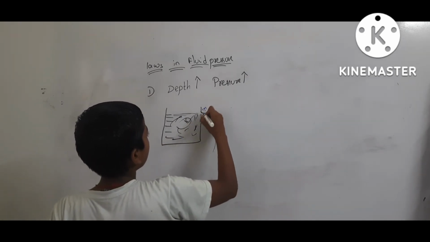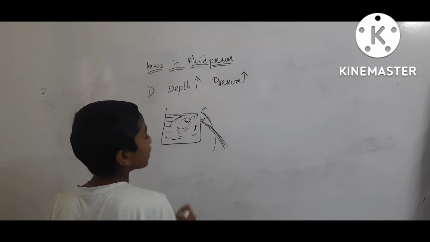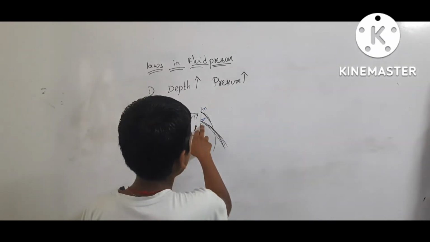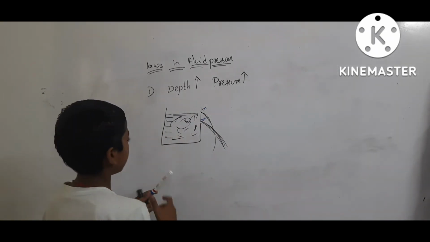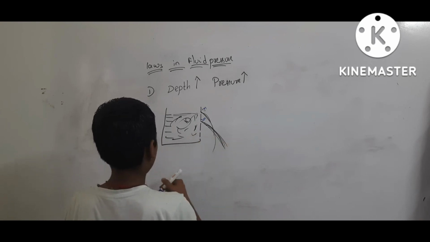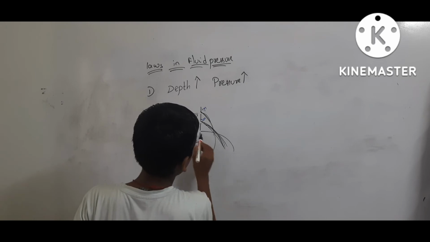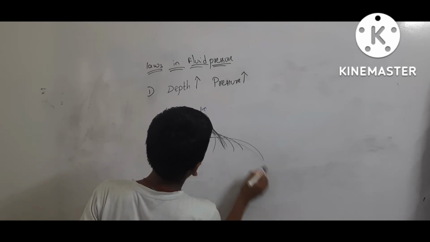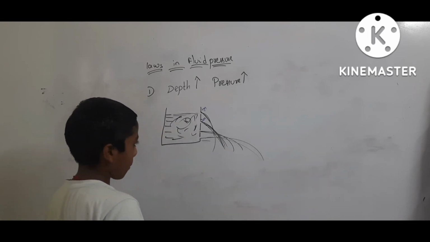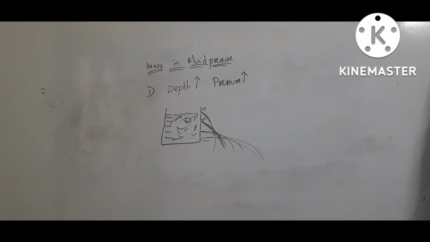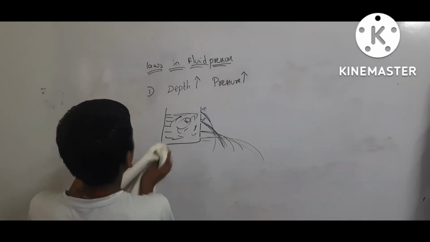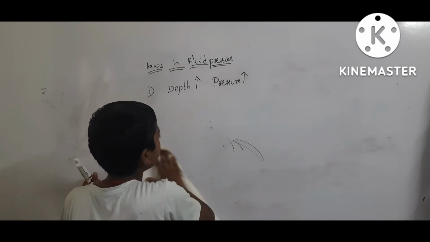Here 1 meter, here 2 meters. Here the depth increases and the pressure of water also increases. And keep a hole here, and the water will spill with very high pressure. This is the diagram. It means fluid pressure depends upon the depth of the liquid.